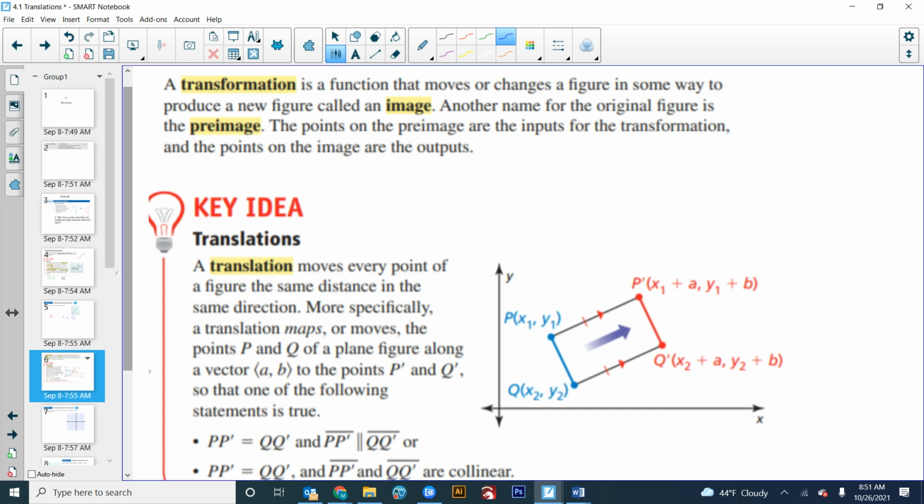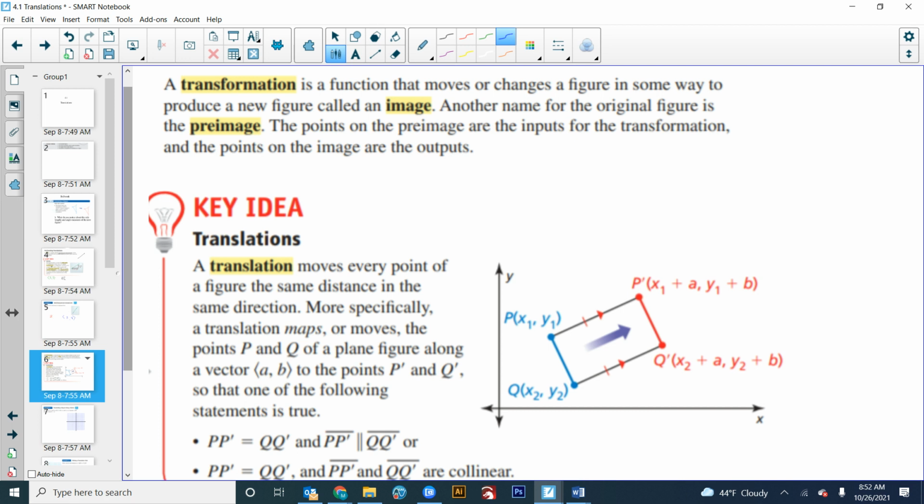Now, when Paige told us the horizontal component and Alana told us the vertical component, we just counted it because it was a graph. Didn't we just add 3 to the x's and add 4 to the y's? So if I give you this point and tell you to translate it using component form 3, 4, whatever this x value is, you'd add 3 to it.